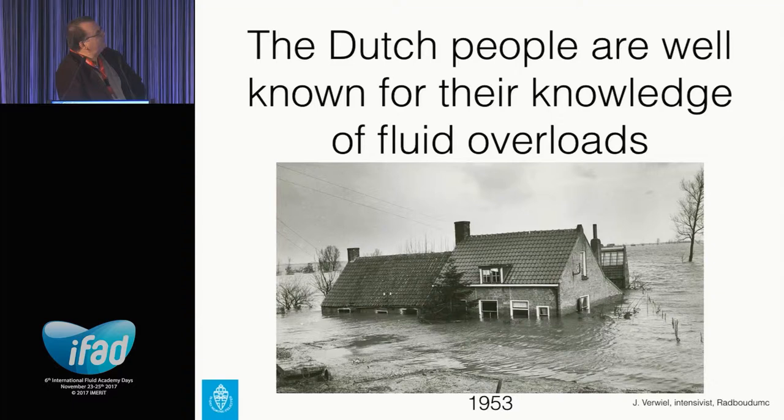This is what Dutch people are famous for. We can be proud of a system to prevent this. This was in 1953. And while almost two-thirds of our country is below sea level, so we know something about fluid management, you can say, because after 1953, this has not happened anymore.